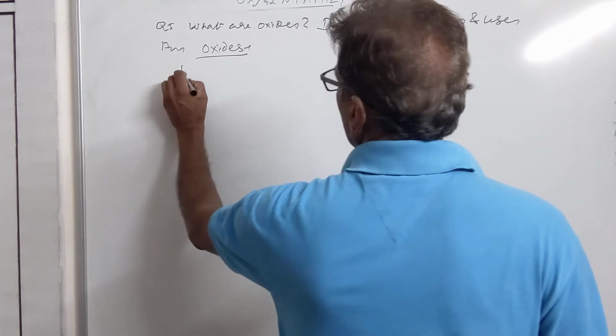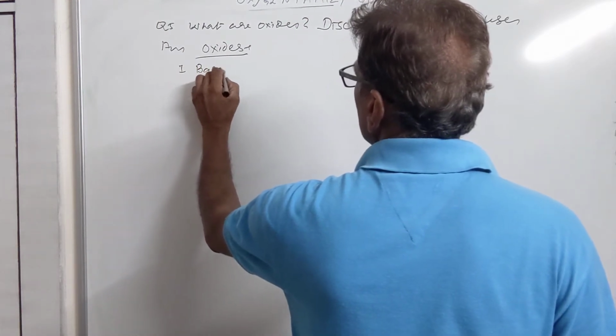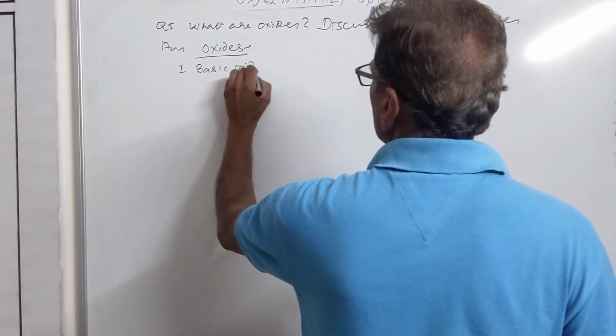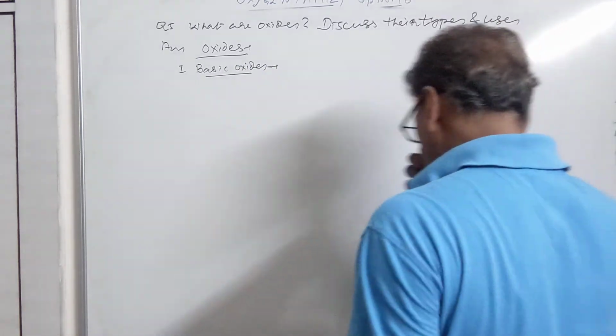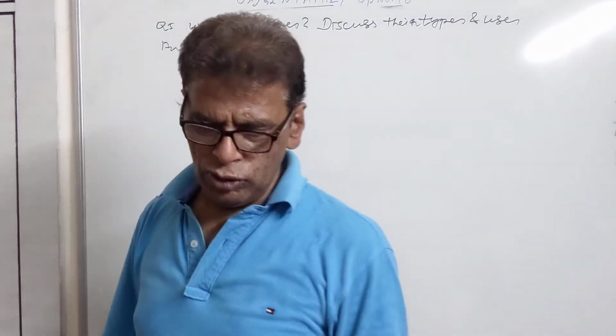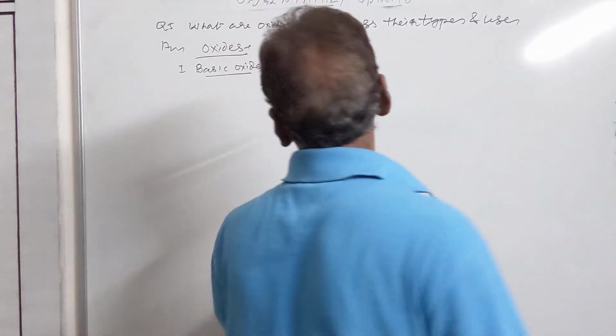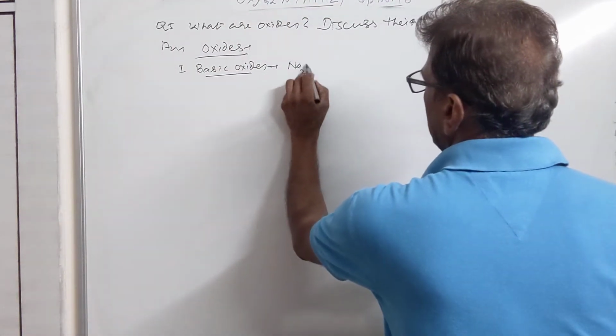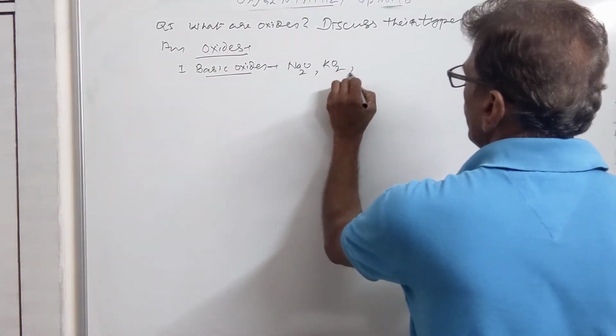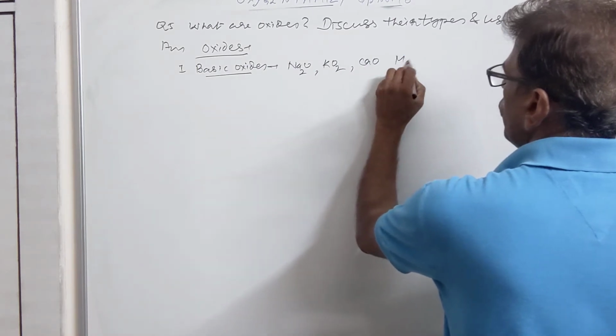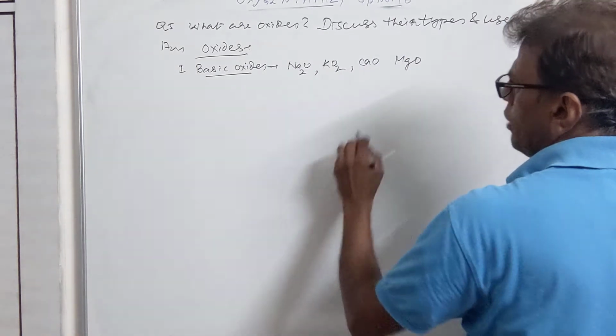Number one, basic oxides. These are the oxides of metals and they dissolve in water to give you bases. As we know, Na2O, K2O, CaO, MgO, all of these are basic oxides.